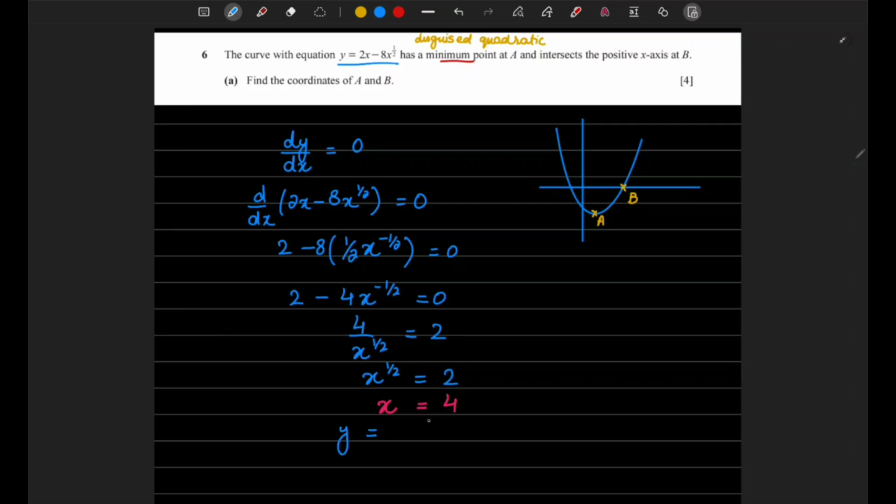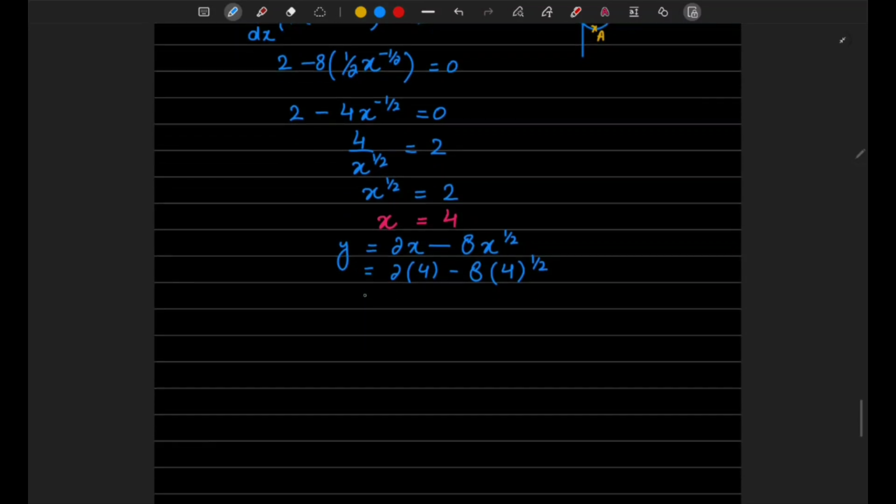So y is equal to 2x minus 8x to the power half. So it will be 2 times 4 minus 8 times 4 to the power half. So it will give you 8 minus 8 times 2, which is 8 minus 16, that is minus 8.